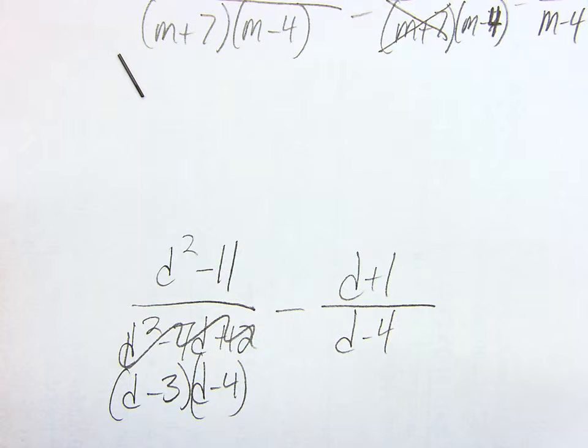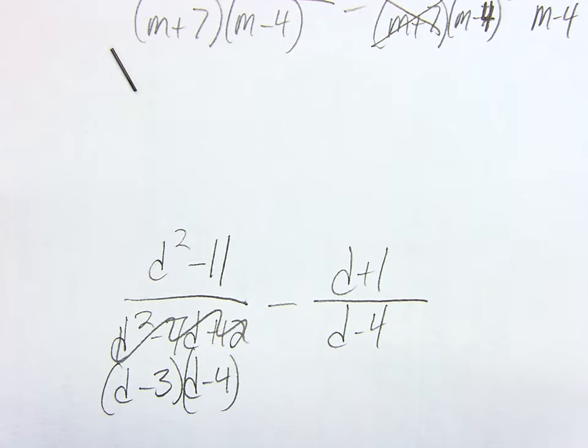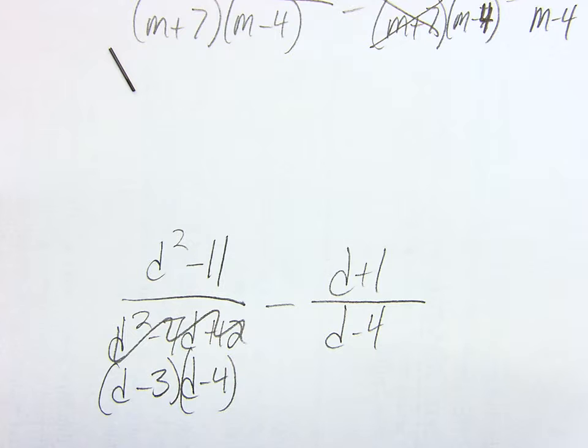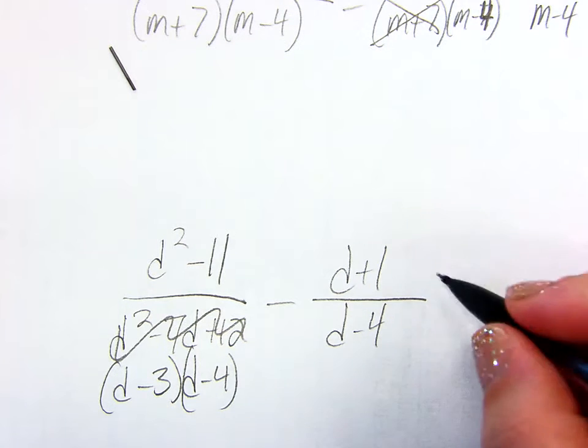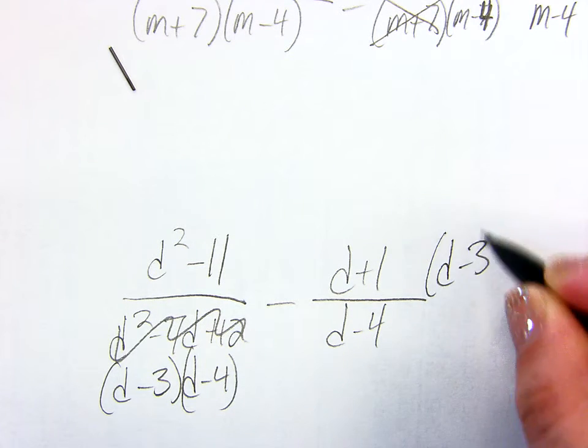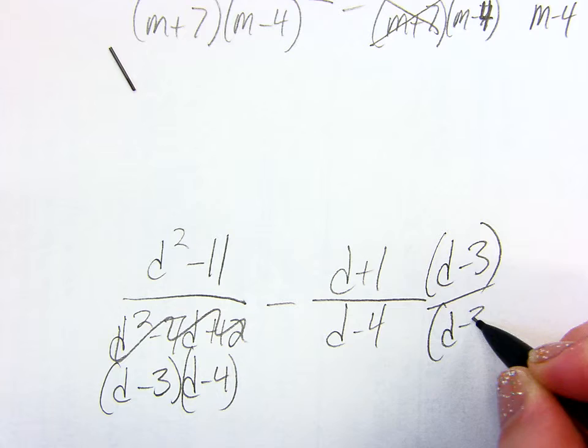So all I've done so far is factor the first denominator. And now I can see that the second fraction needs d minus 3. So I'll multiply by d minus 3 over d minus 3.